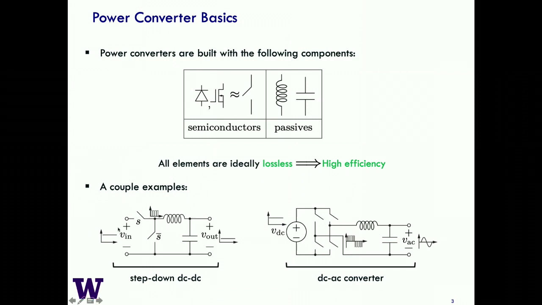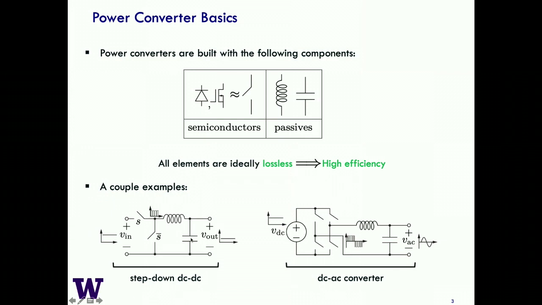Here are a couple quick examples. This one on the bottom left is called a buck converter, which is meant to step down one higher DC voltage to another one. You can think about it like this. Let's say you have a voltage Vin, and if you have 2 switches that you operate in a complementary fashion, then you end up with this sliced up waveform.